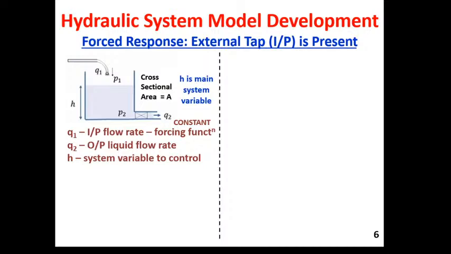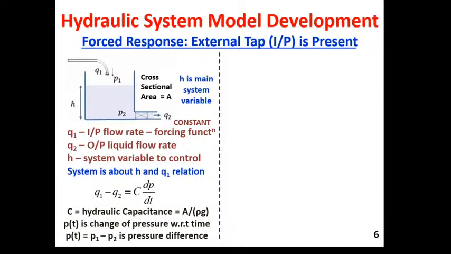H is the main variable, A is a constant, P1 minus P2 will keep on increasing with respect to Q1, and Q2 is a valve, so Q2 is also a function of H. The system is about the H and Q1 relationship. As told before, H(s) by Q1(s) will be the system transfer function in the Laplace domain, and from there we are supposed to find H(t) and how to plot H(t).